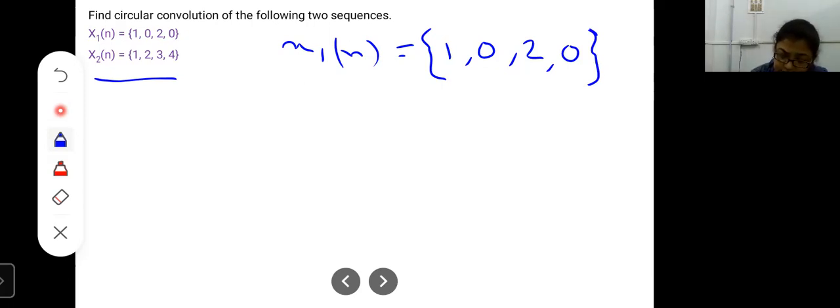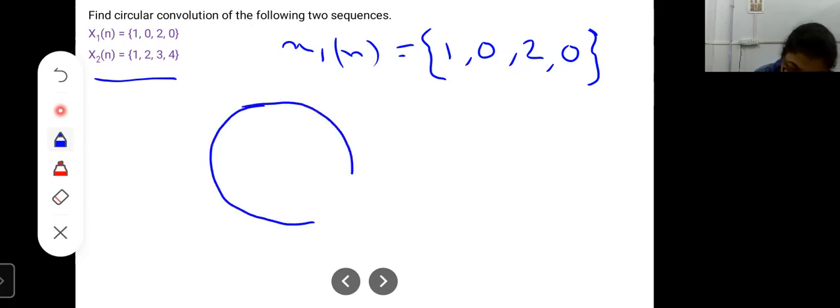After doing this, the next step is reversing or folding. Suppose we want to make x2(n) folded or shifted. We want to shift that x2(n). Then what do we have to do? First we have to take the reverse of x2(n). So for that, draw a circle and put the values.